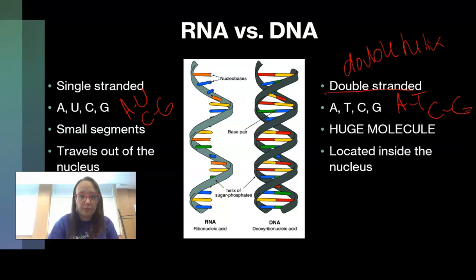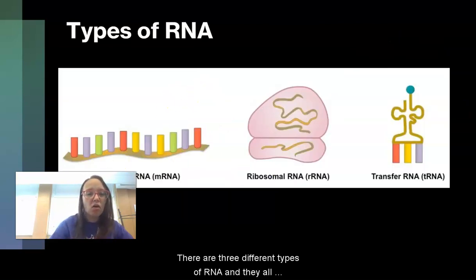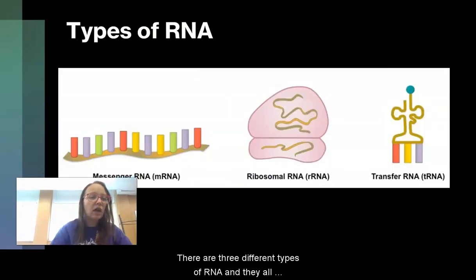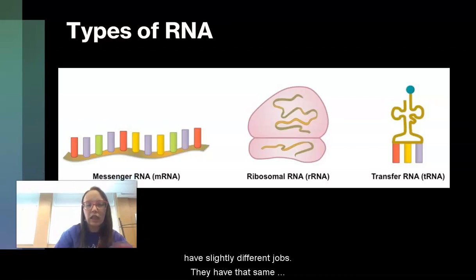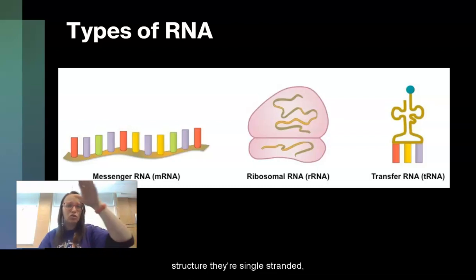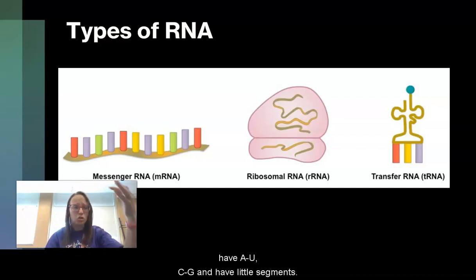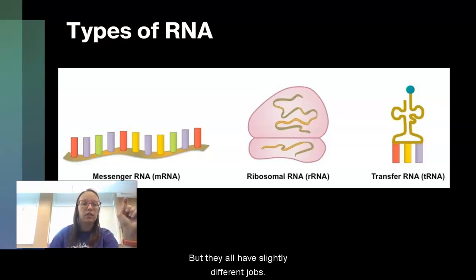So there are 3 different types of RNA, and they all have slightly different jobs. They have that same structure. They're single-stranded, A's, U's, C's, and G's, and they're little segments, but they all have slightly different jobs.